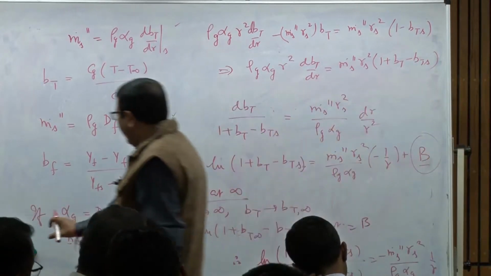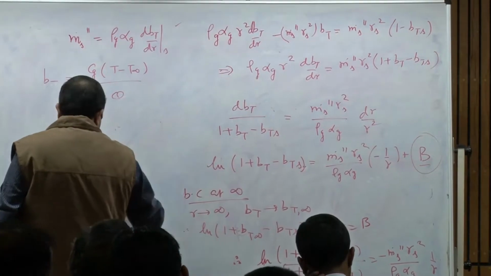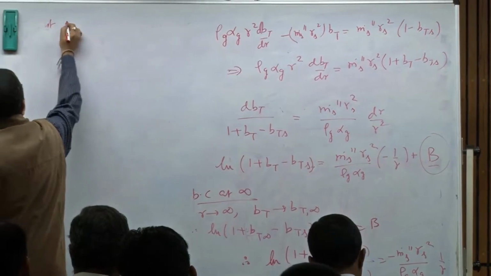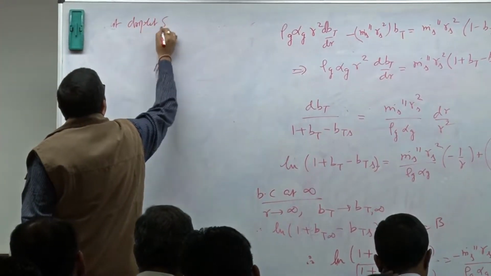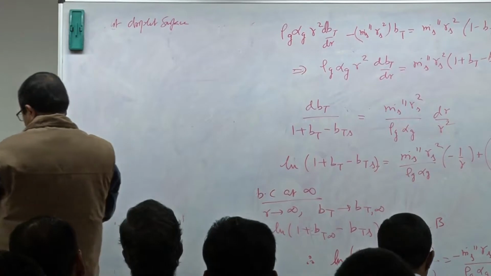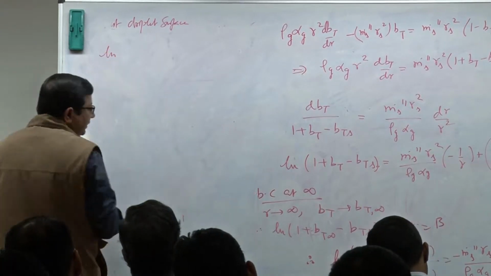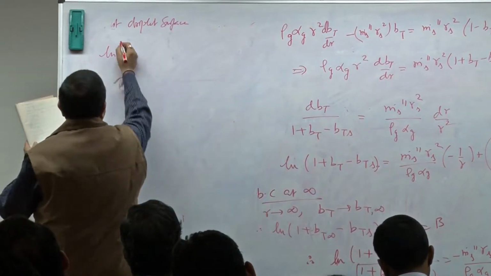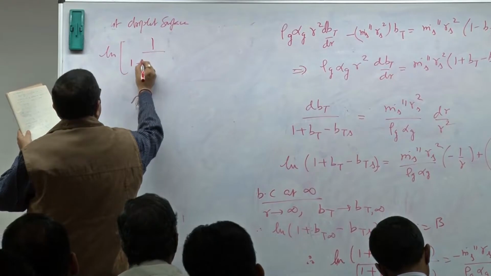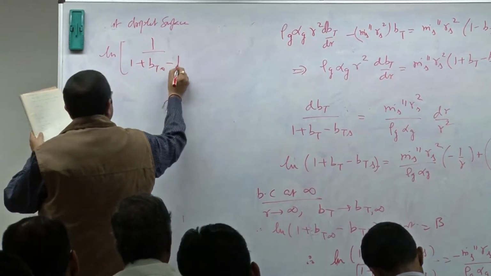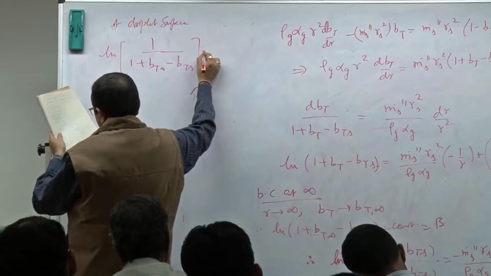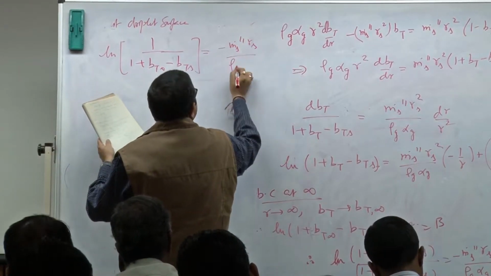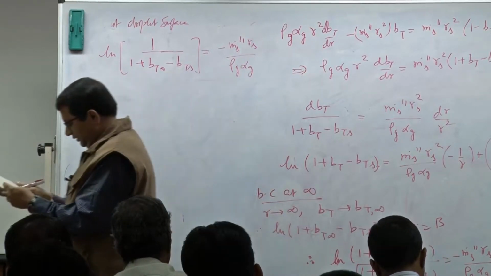If I take this at the surface of the droplet, I will get ln. So, at the surface this becomes equal to B t s, this will cancel off. So, ln 1 upon 1 plus B t infinity minus B t s equal to rho g alpha g.